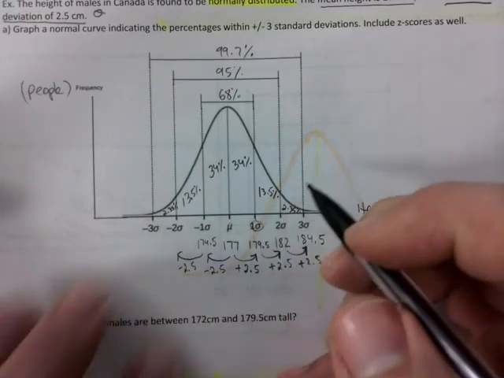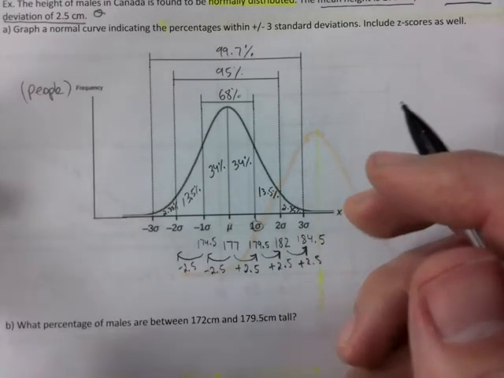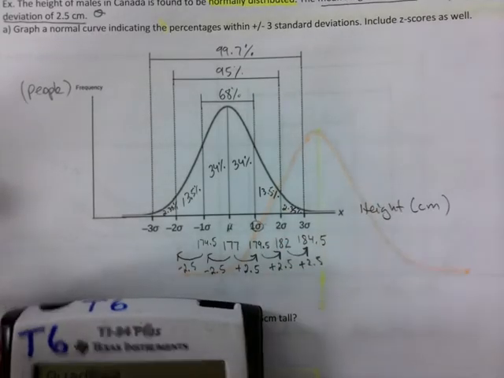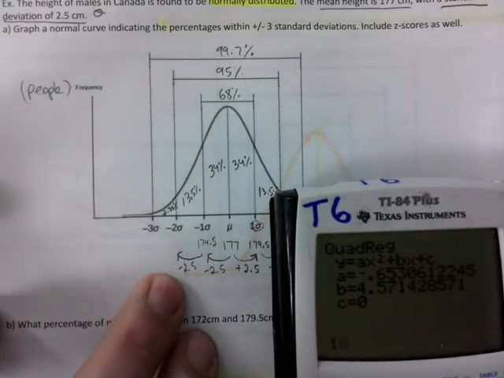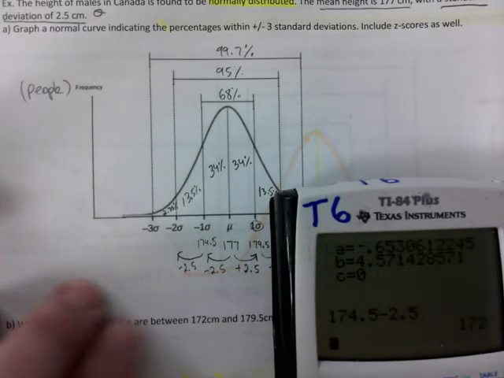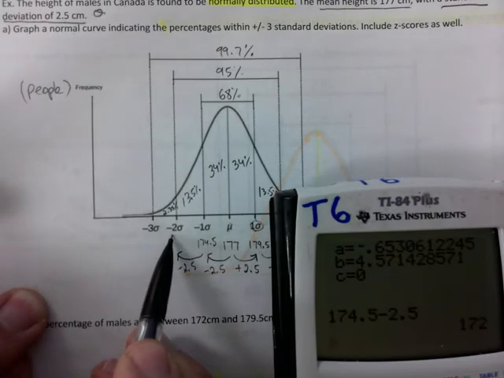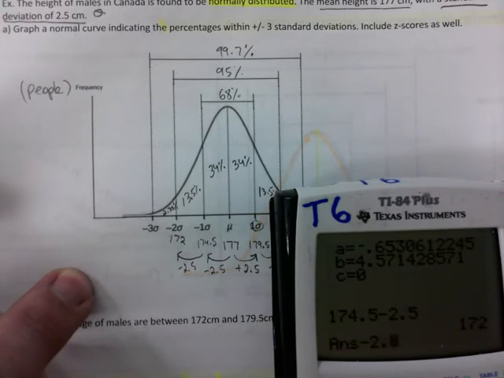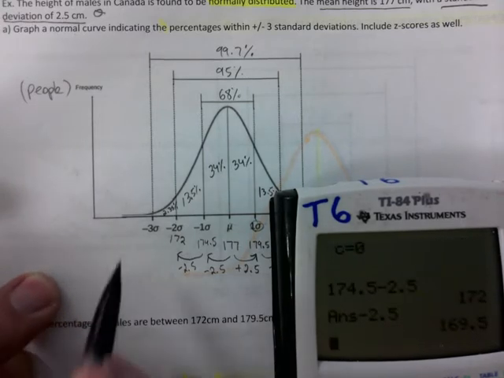I strongly tell my students to use the calculator because these numbers are often pretty weird. And if they make a small mistake, it's all off. So 174.5 minus 2.5, that's 172. And then take another 2.5 off. It's 169.5.